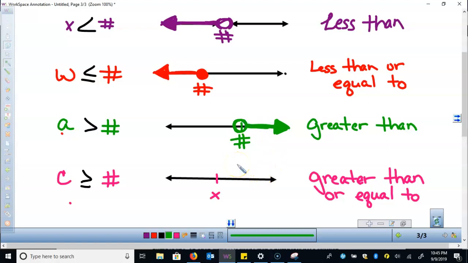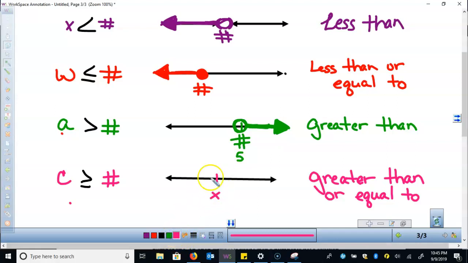So we use an arrow to represent that it can be literally anything on the number line. I can have this be 5, and my missing value is 5.01. Well, that's still greater than 5, but it's not equal to 5. So it still passes as a possible solution. There's literally infinitely many solutions.